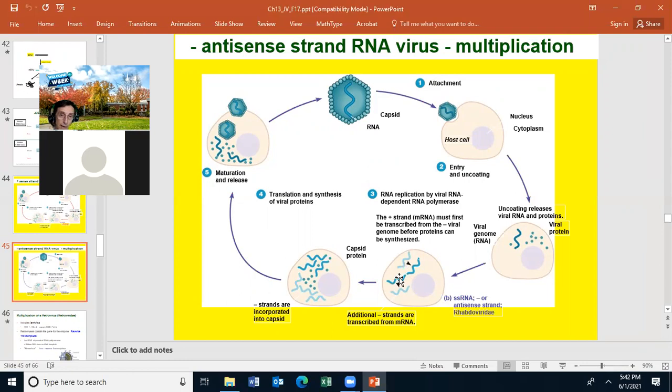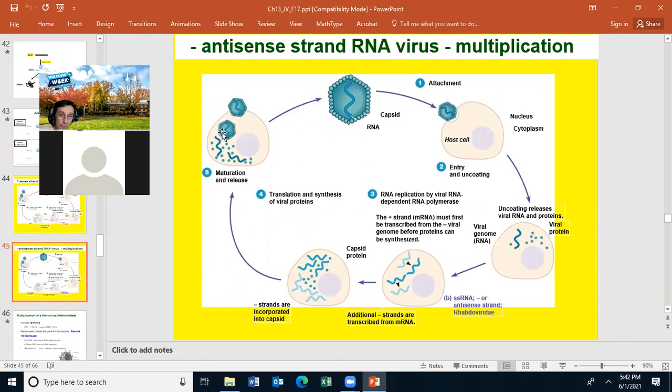The positive strand can also be read by the ribosome to be made into the capsid proteins, and then the capsid proteins can get together with the negative strand antisense, or the single-stranded viral RNA, to make the new negative strand viruses.